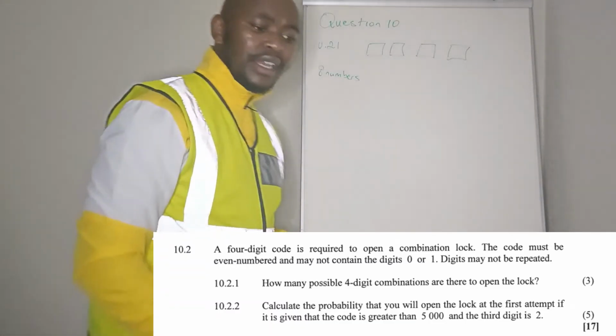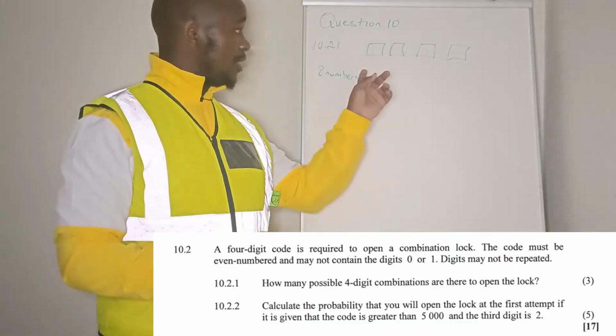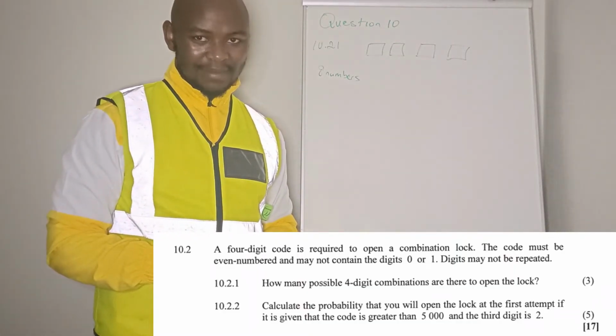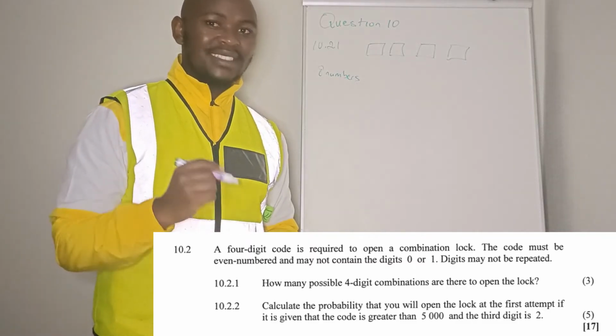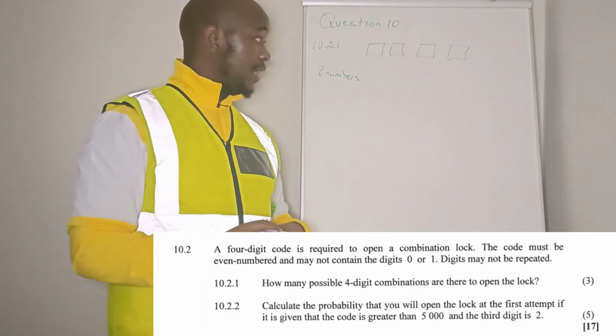Okay. Another constraint is that this must be even. What is an even number? An even number is a number that is divisible by 2. I'm going to repeat that.